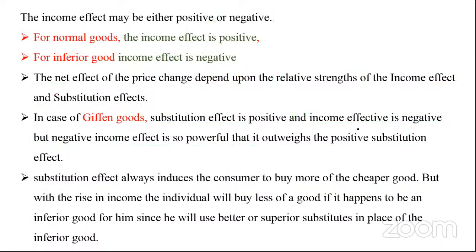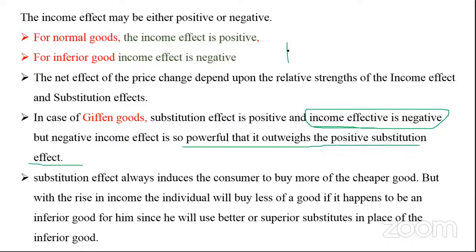Remember, the negative income effect plays the powerful role and overrides the positive substitution effect. The price effect is the summation of the income effect as well as the substitution effect. The assertion is that the price effect for the given goods is negative.